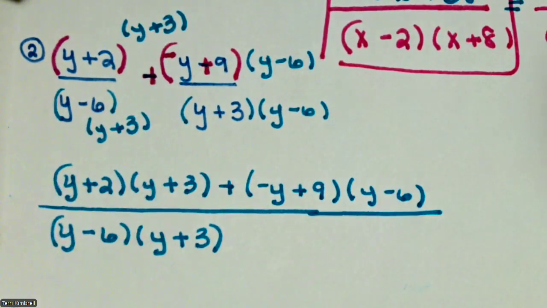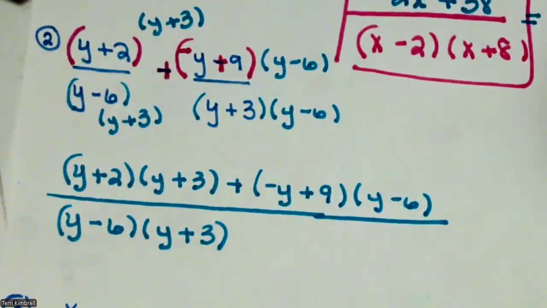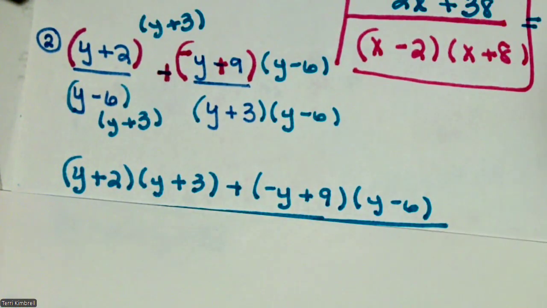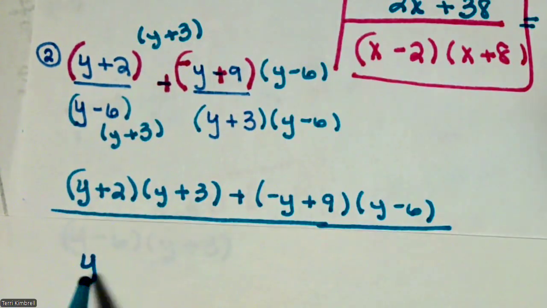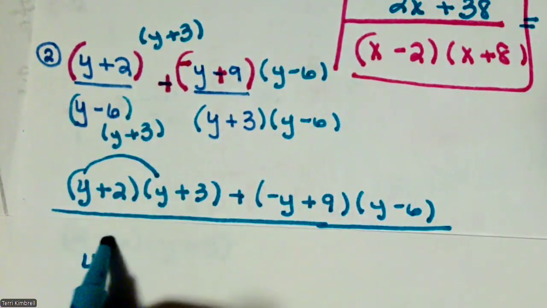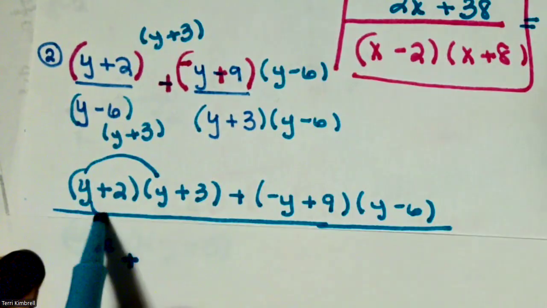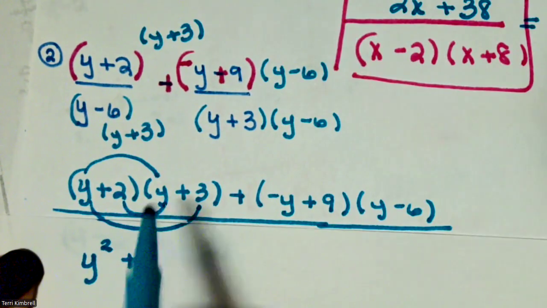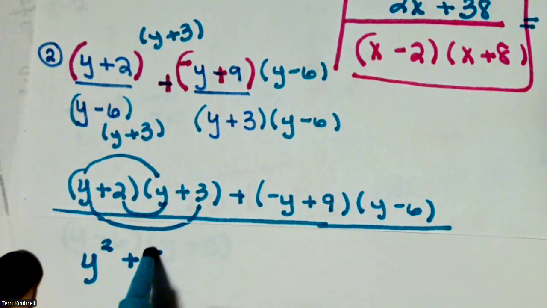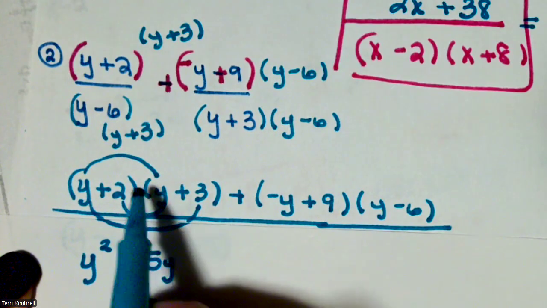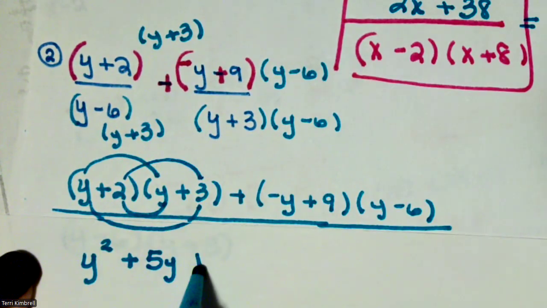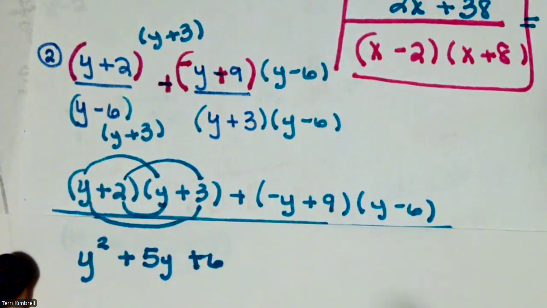Okay, so what you're going to do next is you're going to FOIL, and then we're going to combine. So you don't ever reduce till the very end of the problem. So you need to FOIL next. So that top, when you FOIL, is going to go to y squared plus 3y plus 2y. That's going to give us a 5y. 2 times 3 is going to be 6.